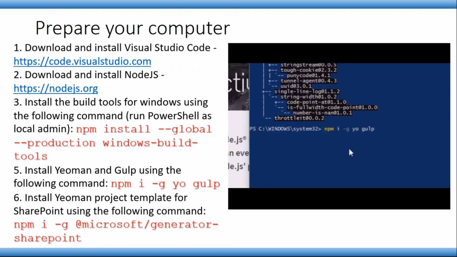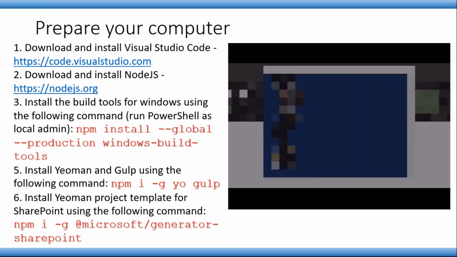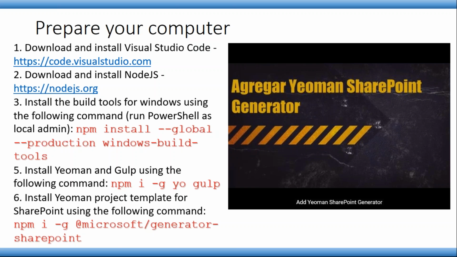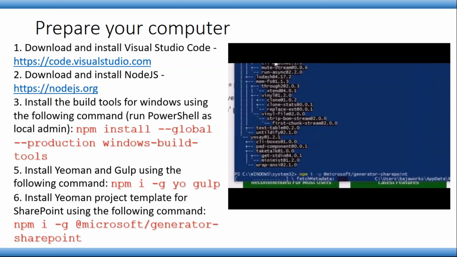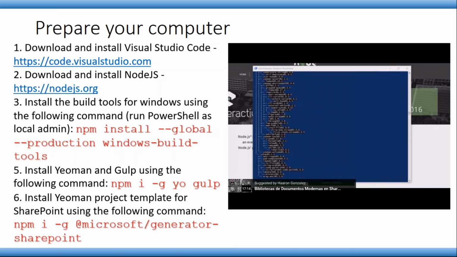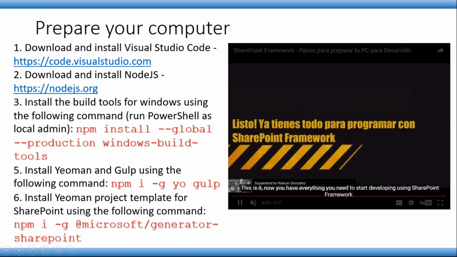Now we are running the npm command to download the Yeoman and the gulp features required for us to build SharePoint Framework web parts. It's very straightforward. The Yeoman generator is another component that will download the actual template for building SharePoint Framework web parts. And this is it. Let's move on.